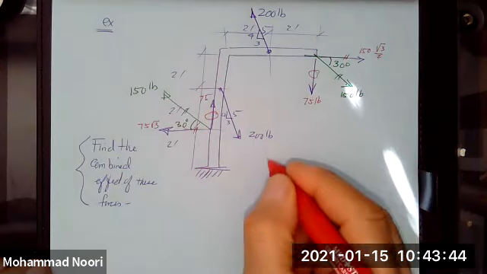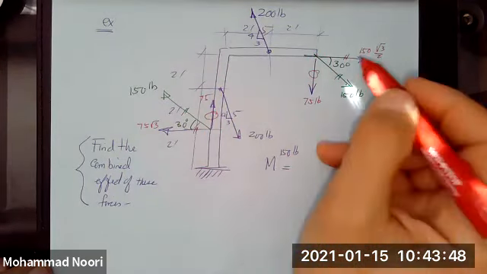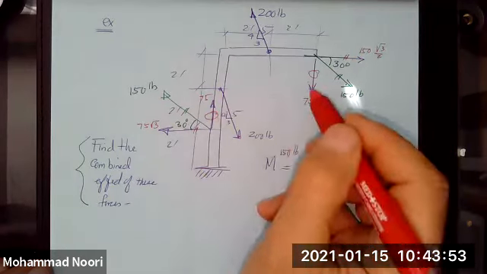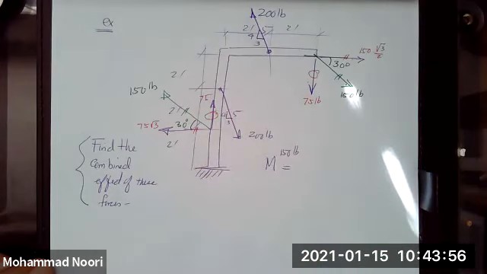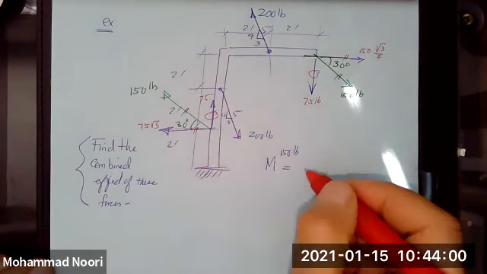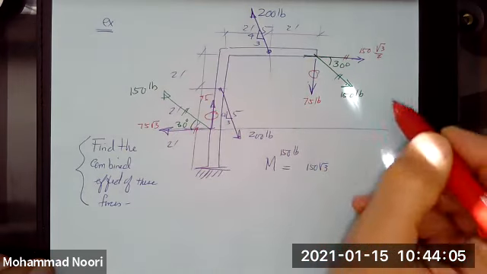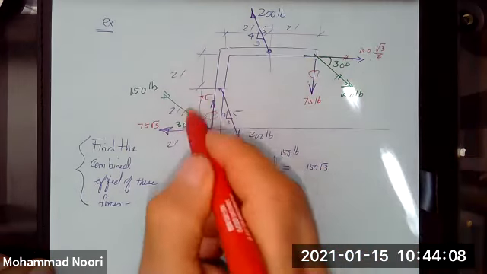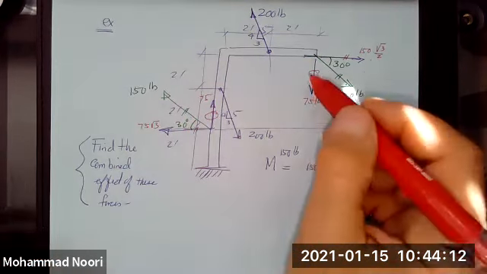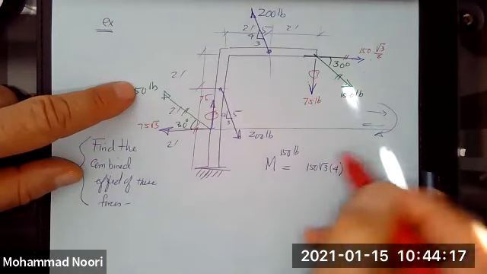So if I want to find the moment that this 150-pound force generates, I need to find the moment that each of these two couple system generate. So what is the moment that this couple system generates? Would be 150 square root 3 times the vertical distance between them, which is given, is 4. But what direction they will act? See, they're like this. So rotation would be this way.